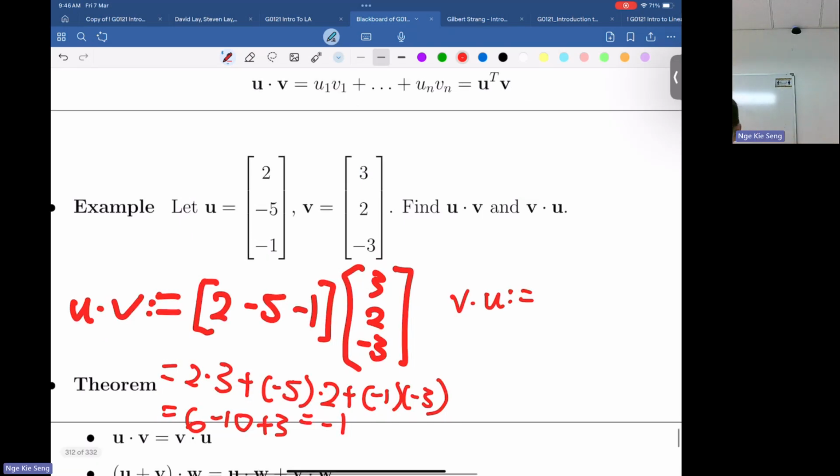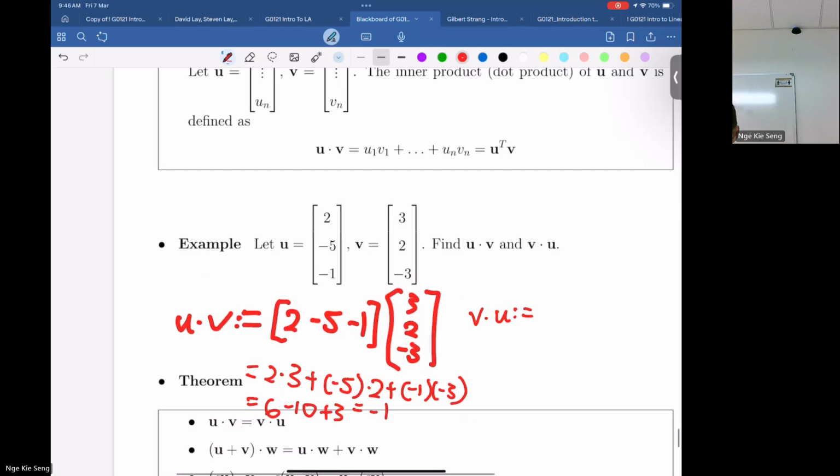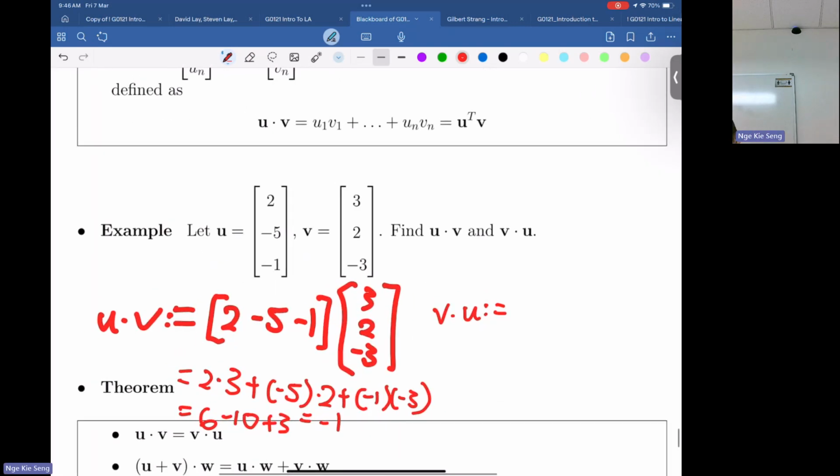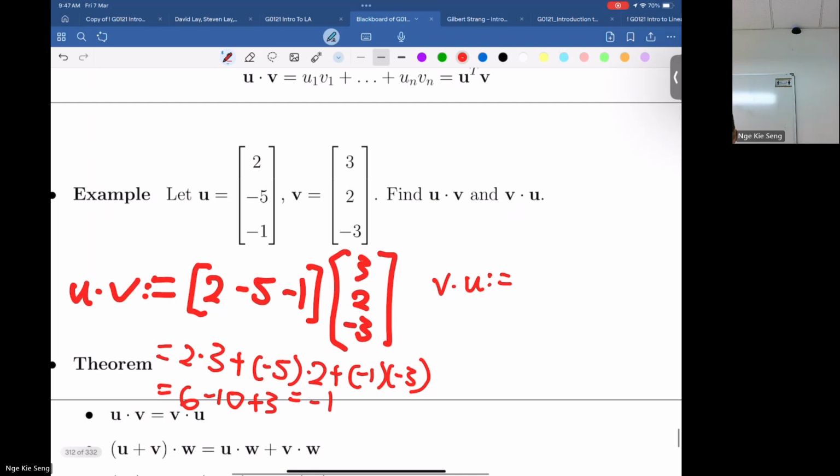This dot product here, we call it an inner product or a dot product because we put a dot there.